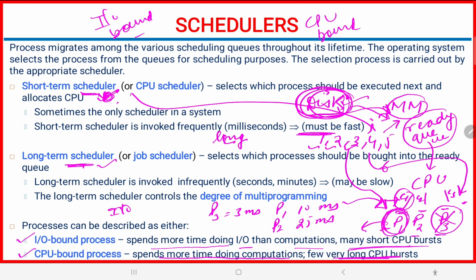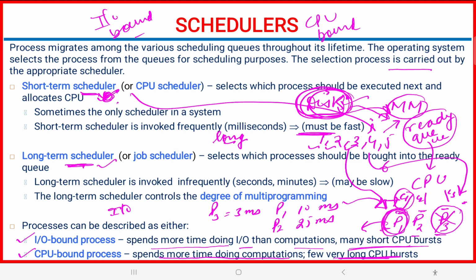The long-term scheduler also controls the degree of multi-programming, that is, how many processes are migrated to the main memory from the disk. If we want to increase the degree of multi-programming, we will do it only if there is ample free memory to accommodate the new processes.